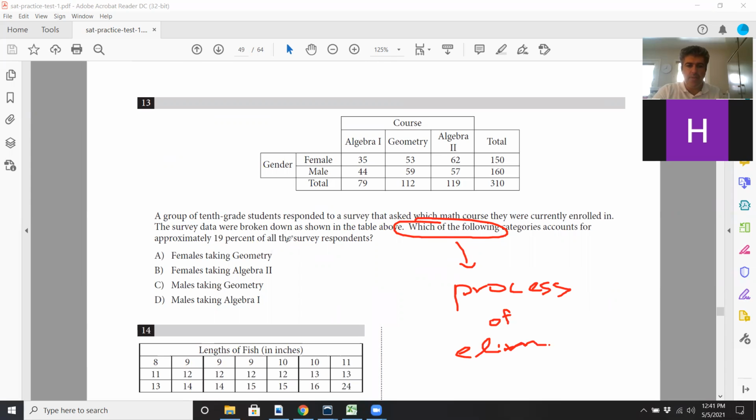Okay, so well, first of all the survey respondents, there's 310 people. So let's do 53 female geometry over 310. Let's do it right now. We get 17.1%, so we're close. But I think we want to be a little closer if we can. Females taking algebra 2, we get exactly 20%. Males taking geometry, they do get 19.04%.